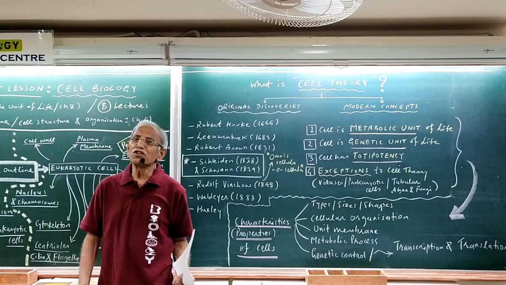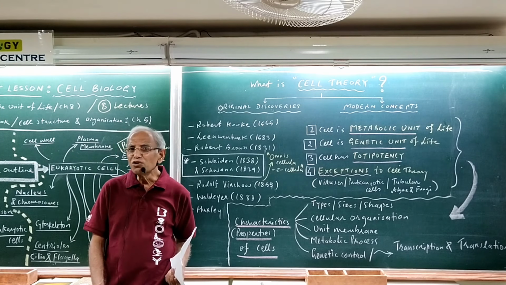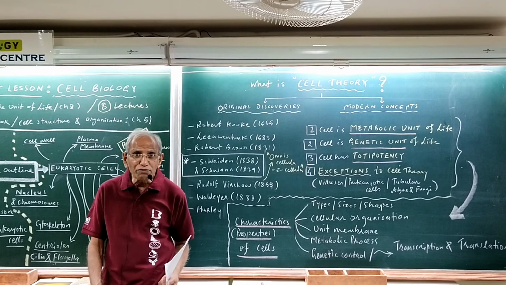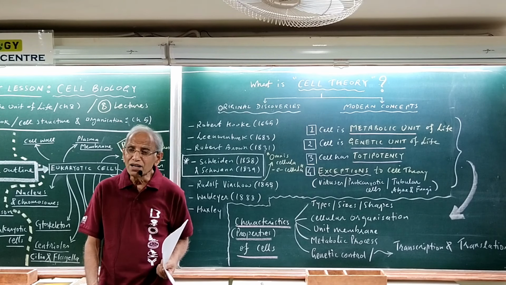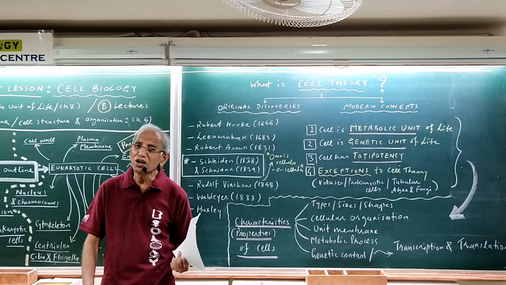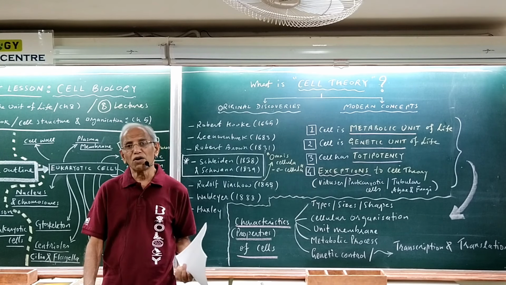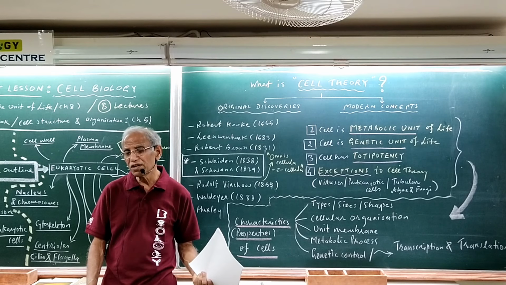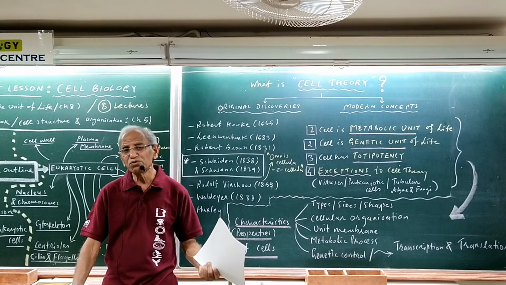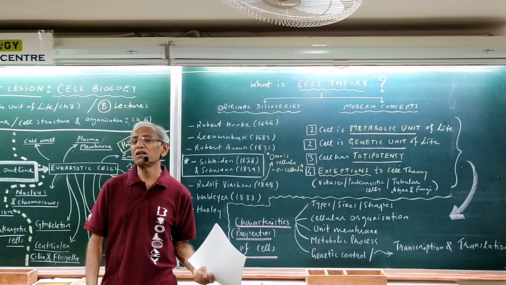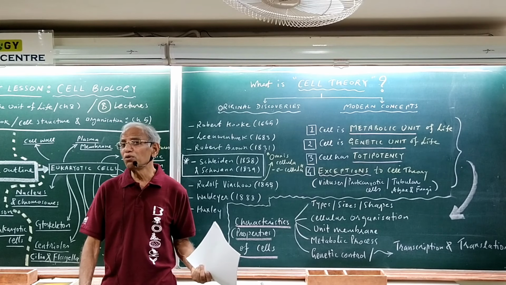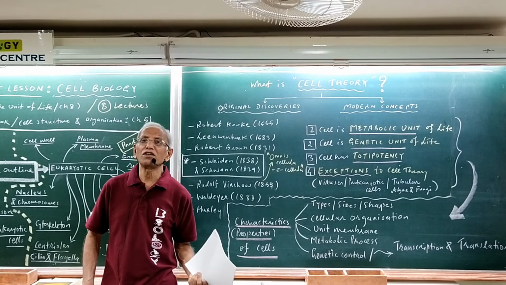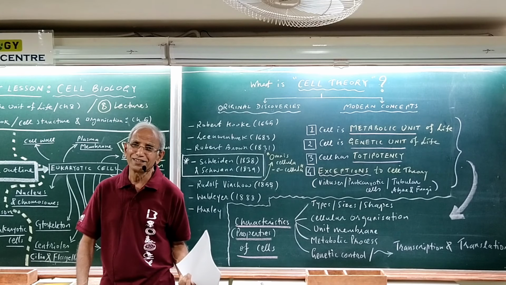Suppose the bone was made up only of cells, then it would be very soft because cells are soft, but bones are hard. So what is the cause of the hardness of the bone? The cause of the hardness of the bone is the salts, the calcium and phosphorus salts, magnesium salts, and these salts make the bones hard, and all these salts are secreted by cells.